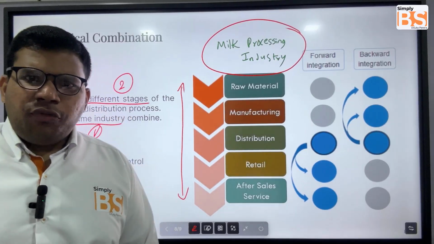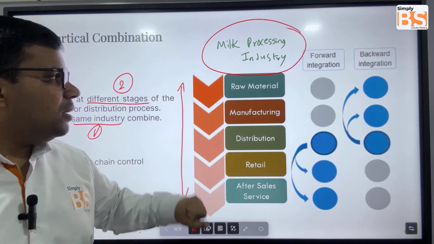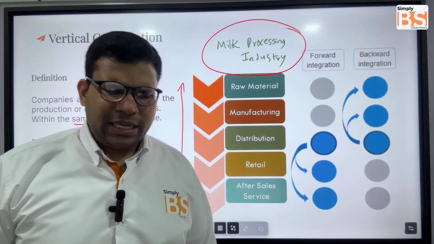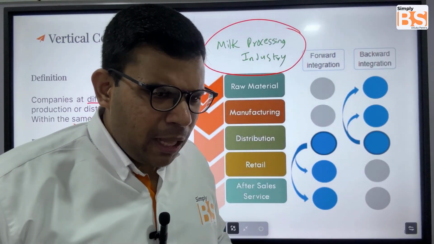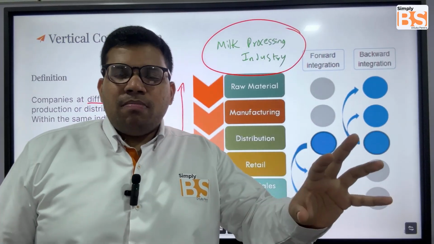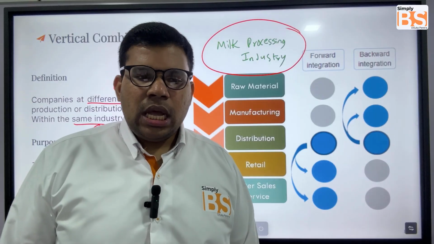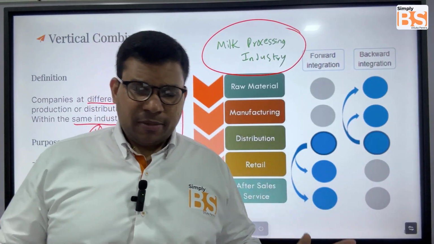If you look at the milk processing industry, the process starts at the raw material stage, where we have raw milk. Raw milk from cows will be produced from farms.